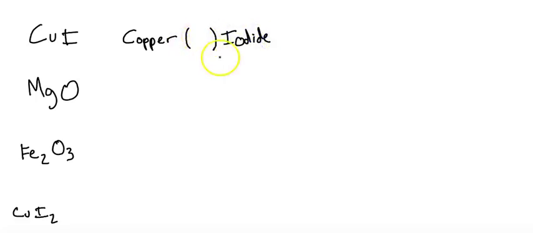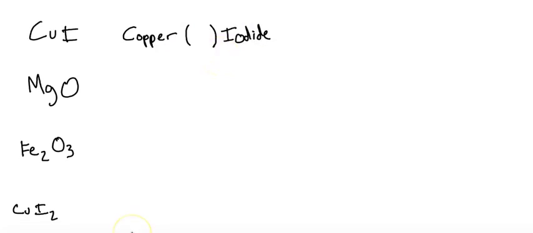But we have to figure out what to put in these parentheses. To do that, we will look at the charge of our nonmetal, and we know that when we're creating a compound, we want the overall charge to be 0. So if we look at the charge of I, it is a halogen. It has a -1 charge. So if we want to find out what the charge of our metal is, we can set this equal to 0.